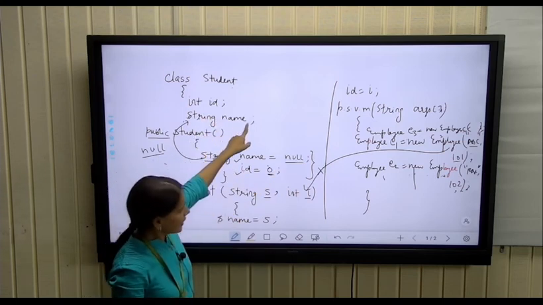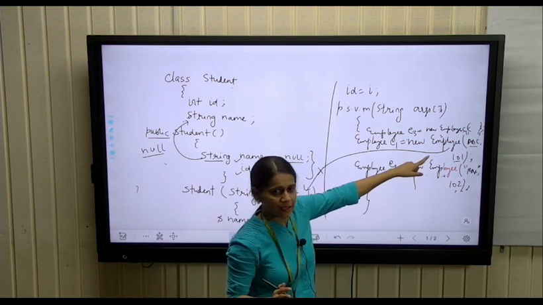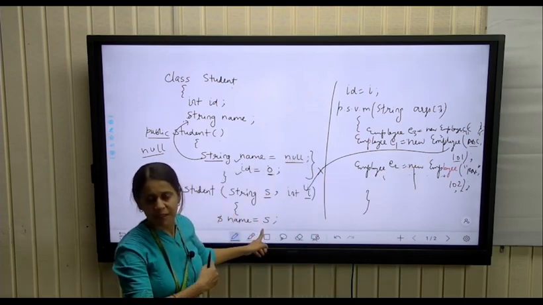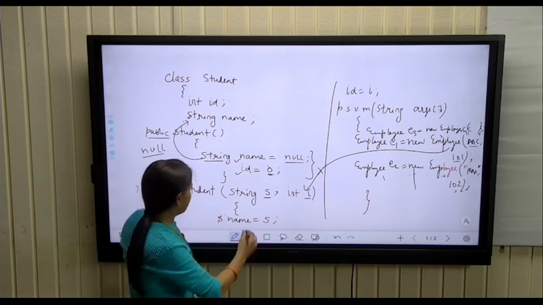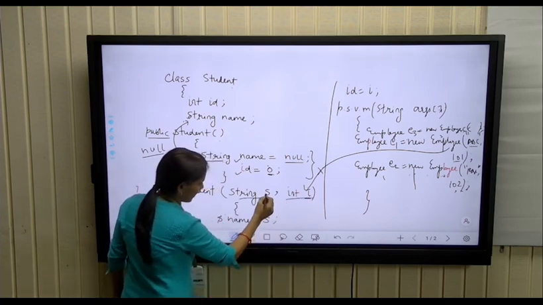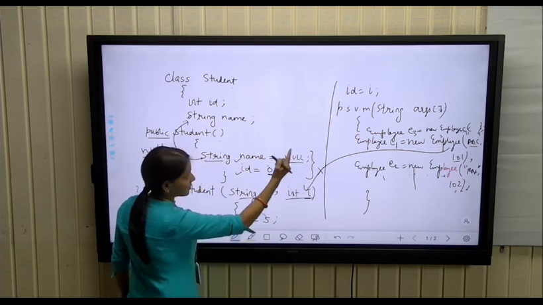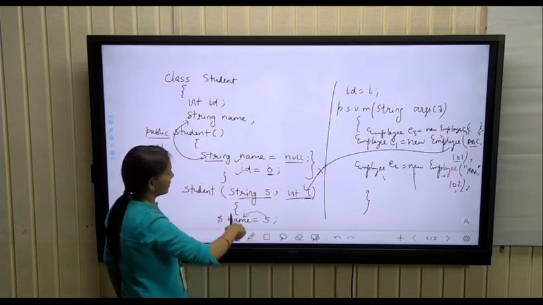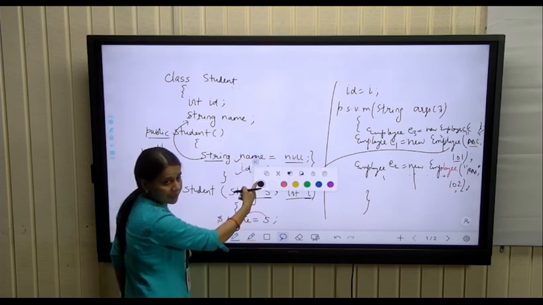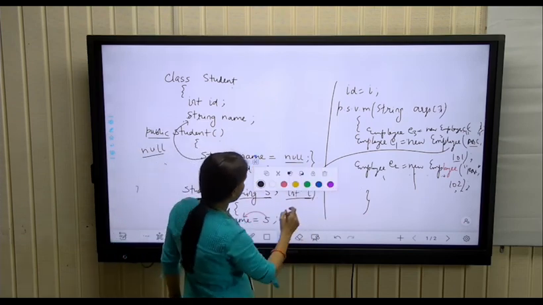Clear? Whereas in the parameterized constructor, it will go through the parameters or copy parameterized constructor, then it will see the name, that S, so this S will assign the name and this I will assign the ID, and this will fetch out from here the name and ID, right? It will display your output.